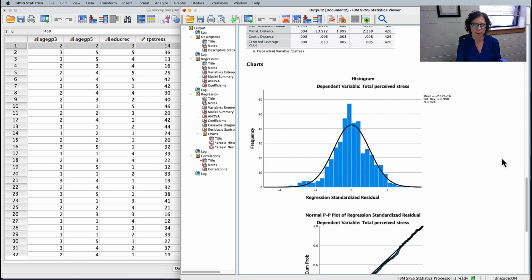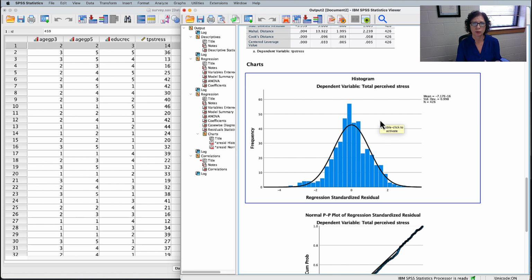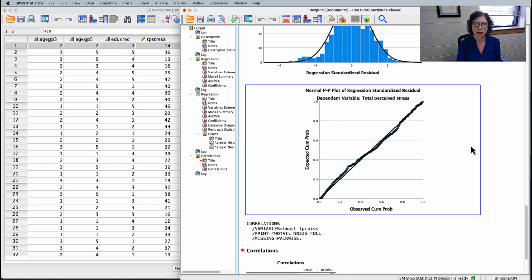How much does it match to a normal distribution? So this is a graph that maybe you want to keep for a write-up, or it helps you tell the reader the normal distribution of residuals for this model. Another graph we're looking at is the normal PP plot.